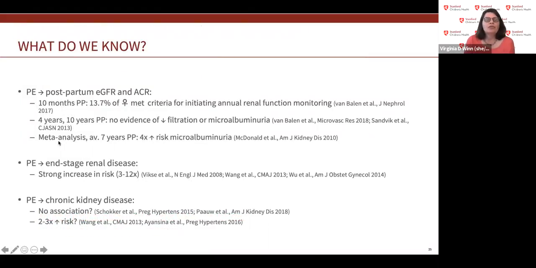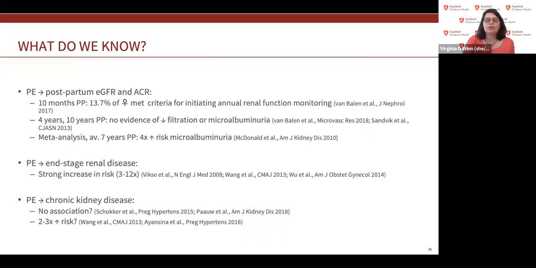So the glomerular filtration rate and the albumin creatinine ratio in the postpartum period has had kind of mixed results in terms of the studies. Some show increased need for renal function monitoring. Other studies have not showed any evidence of decreased filtration or microalbuminuria, while other studies have showed an increase of microalbuminuria.